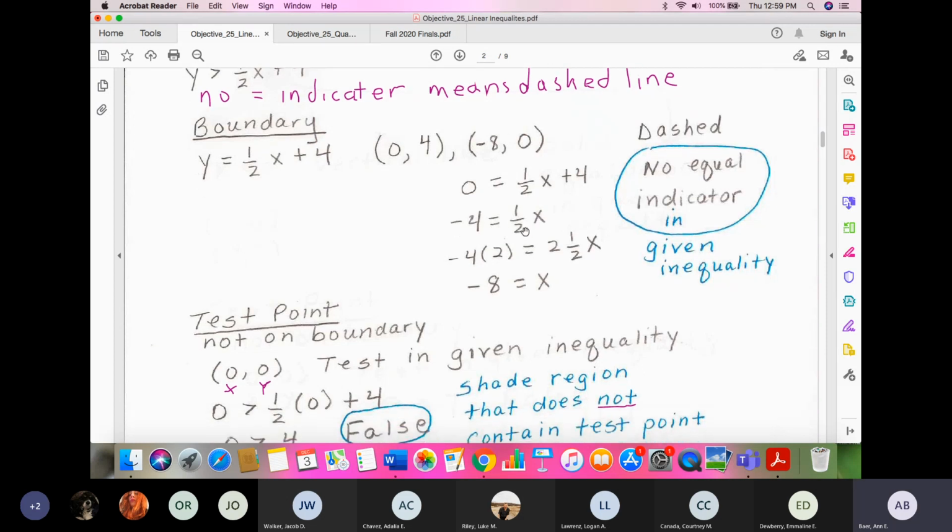The opposite of dividing by 2 is multiplying by 2. So let's multiply both sides by 2. -4 times 2 is -8. Equals, the 2's cancel, and we just get x. So our x equals -8. So those are the ordered pairs for 2 points on our boundary line.